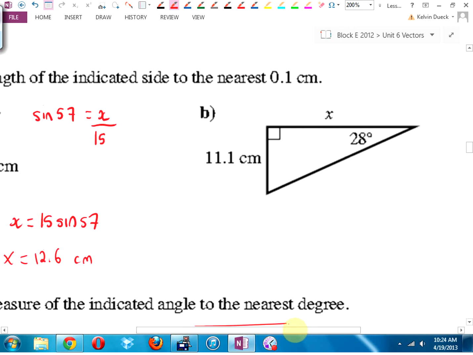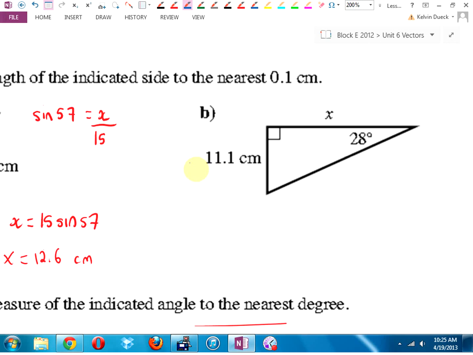B. The 11.1, opposite, adjacent, or hypotenuse? The 11.1 is adjacent? How do you know? Adjacent is beside, would be touching. It's not. Oh, and that was not the hypotenuse.